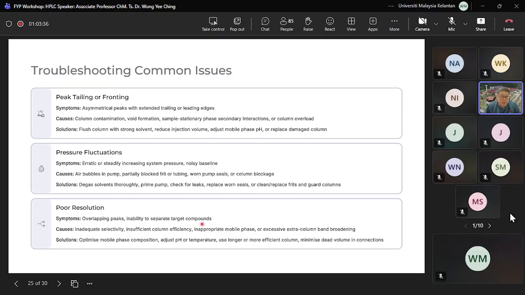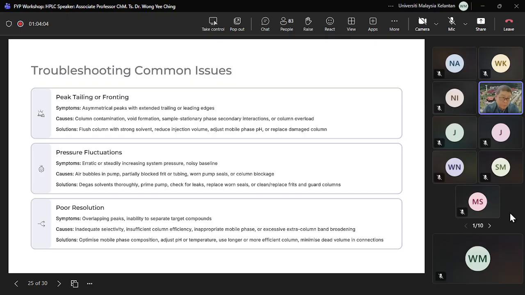A good chromatogram, if you have five compounds and you separate them, you're going to see 5 peaks, one after another, in a certain way. So if the peaks overlap, it means you have a very poor resolution on your chromatogram, the inability to separate the target compounds.